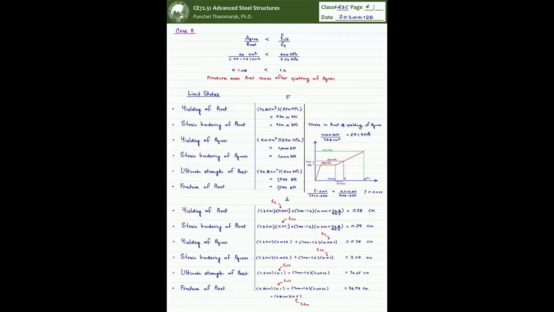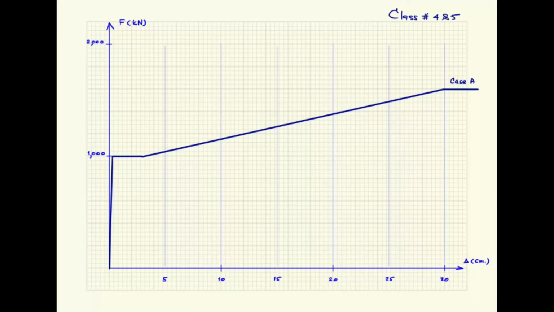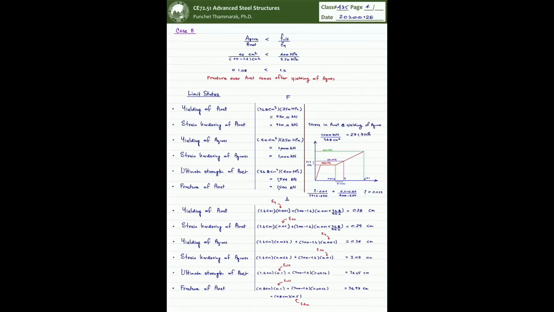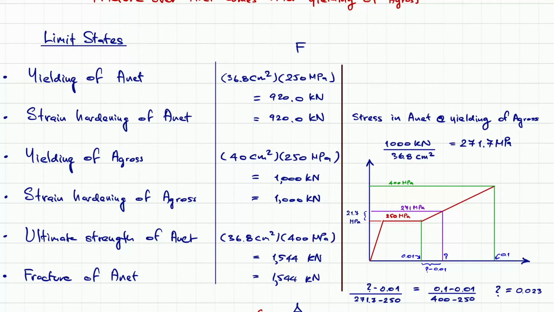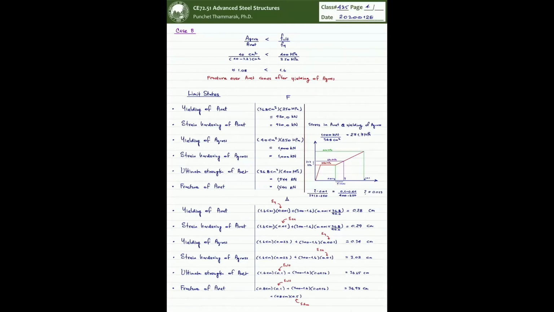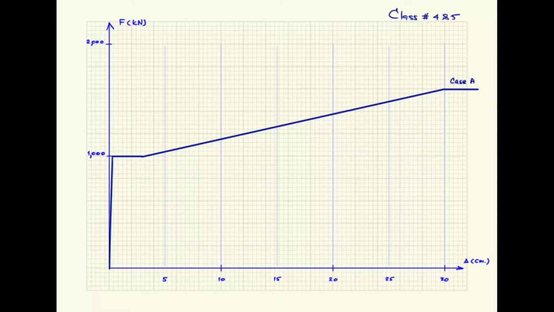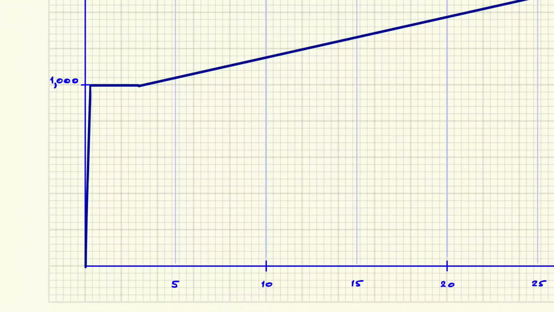So, do we have a plot somewhere? Okay, we're going to get case B. So let's review. We have 920, 1000 and 1544. I'm going to put this red line at 920.